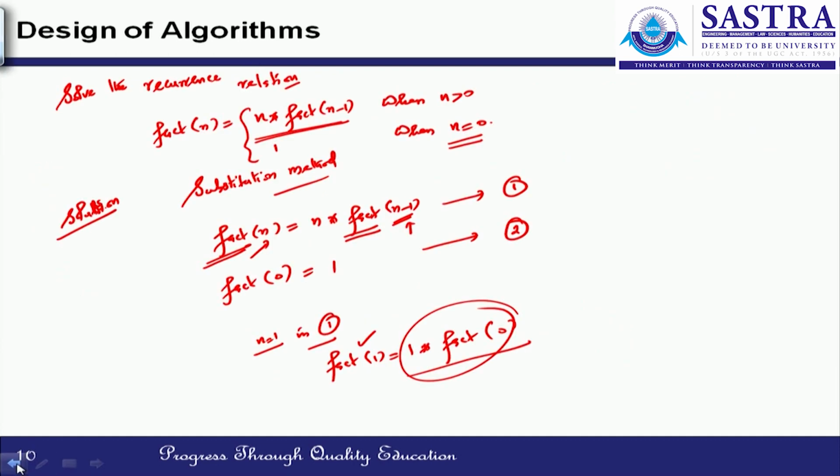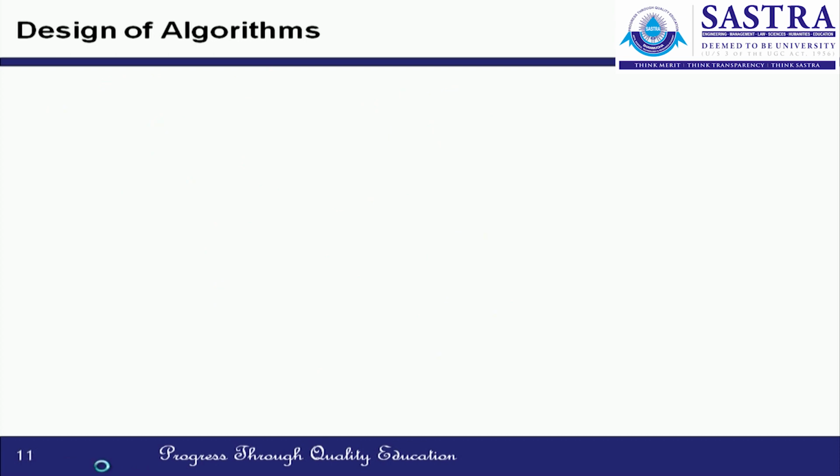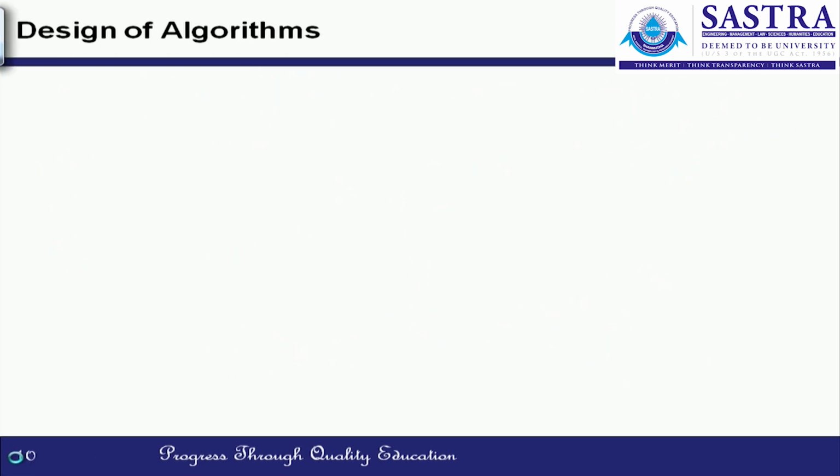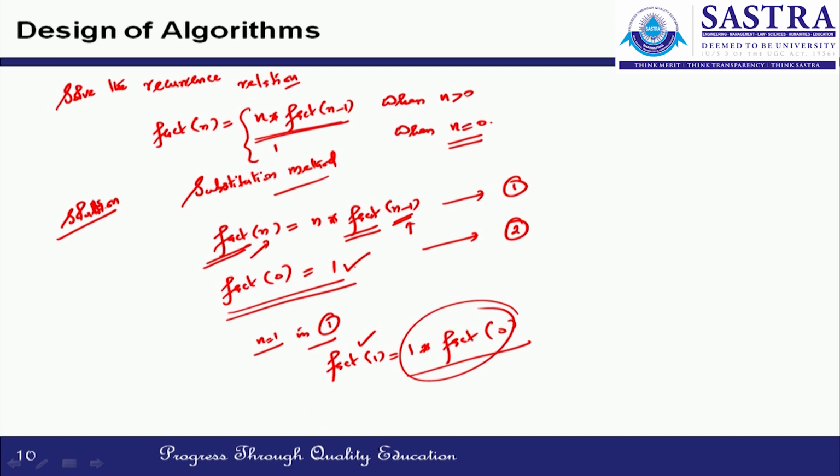Fact of 0 has been set as 1, so using equation number 2, fact of 0 is equal to 1.